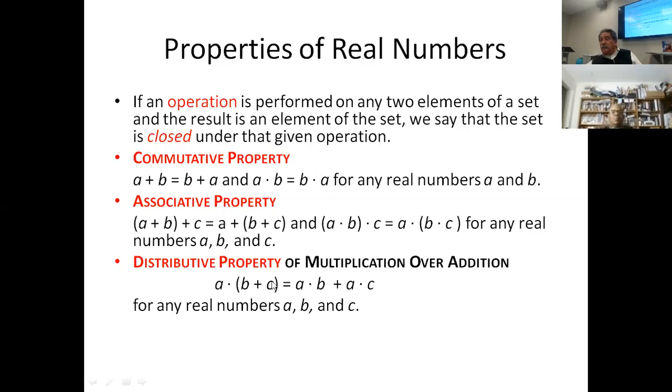A times (B plus C) is the same as A times B plus A times C. Okay?